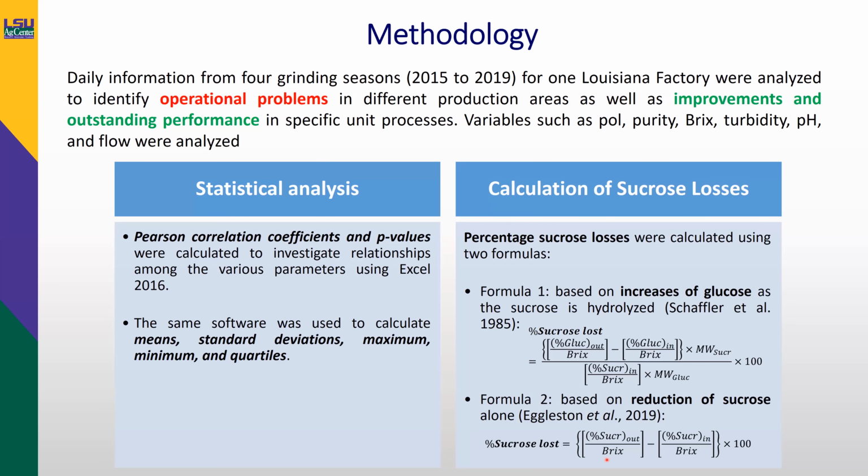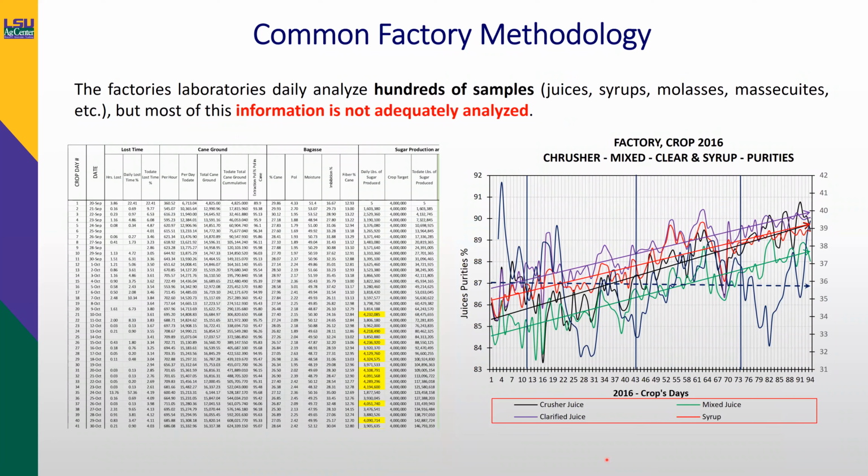So the common methodology in this factory is just to graph some of the information that they obtain daily. The factory's laboratories daily analyze hundreds of samples. They analyze juices, syrups, molasses, massecuite, among others, but most of this information is not adequately analyzed.